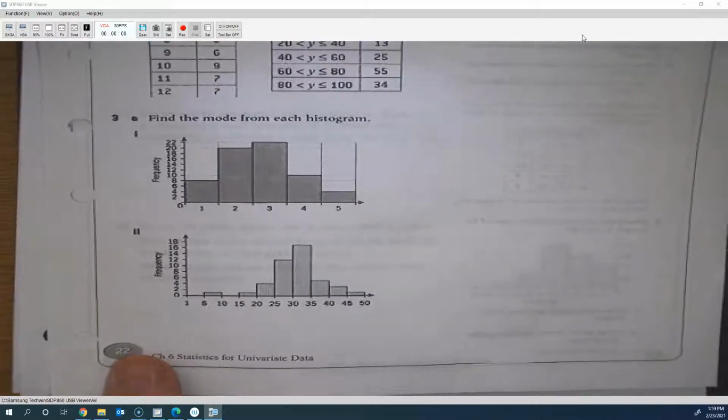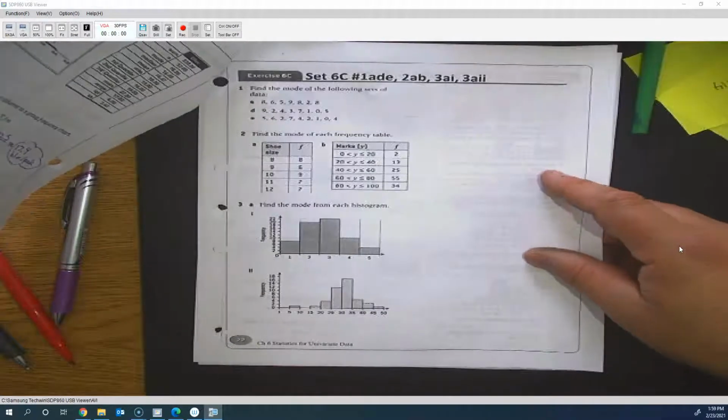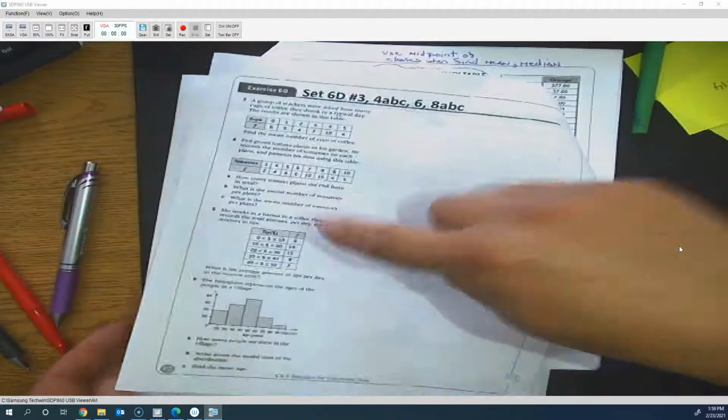Okay. So yesterday, did we do this first page? Yes? That was a yes? Okay. But we didn't do anything on the second? Okay. Did you? No, I said we did number 3 on this page.